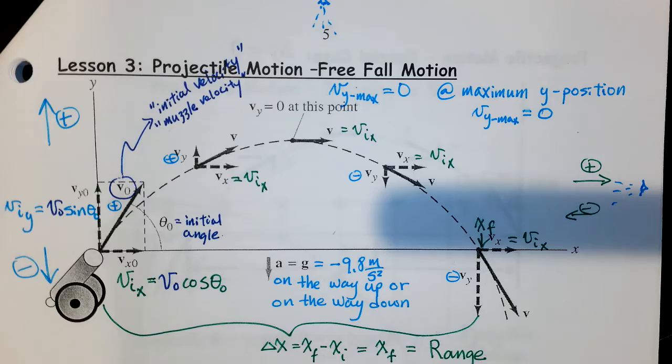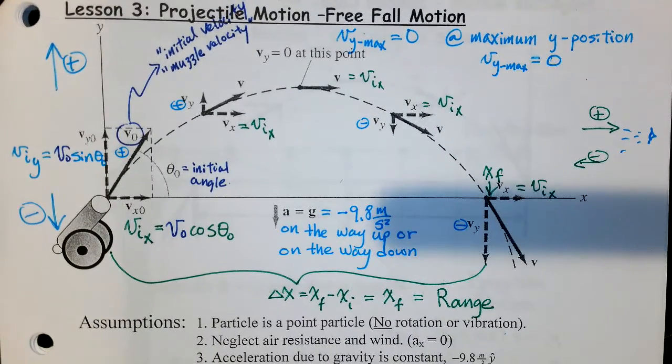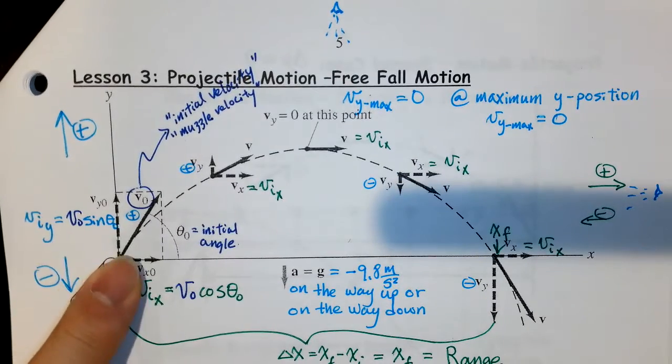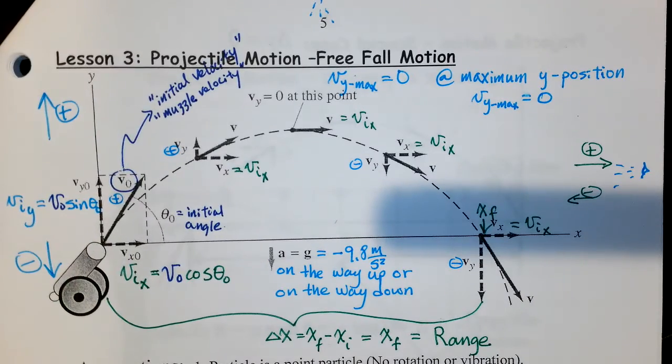So, here are some assumptions that we can make. The particle is a point particle, which means if you were to shoot an elephant out of this cannon, we don't have to worry about the elephant's ears flopping around, the tail waggling, and all four feet spread out.